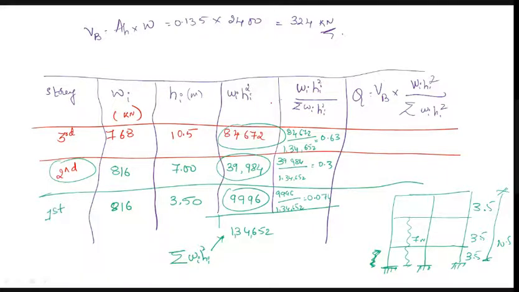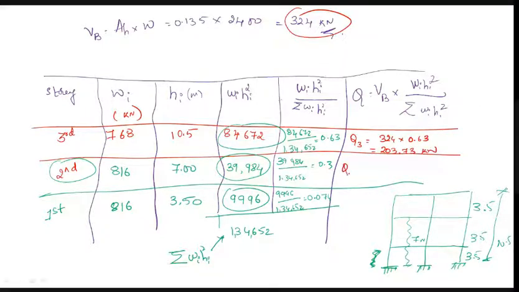Now we are left with the Q value, that is the lateral force for each floor. For the third floor, how much lateral force is acting, for the second floor, for the first floor. For Q3, the third floor, what is the value of VB? VB we have got is 324 kilonewton. Multiplied by this factor, 0.63, we get 203.73 kilonewton.